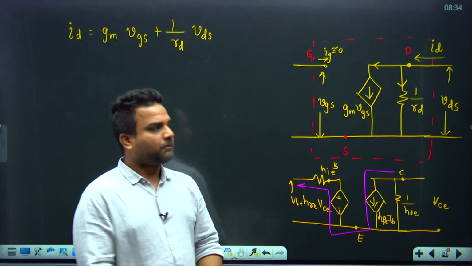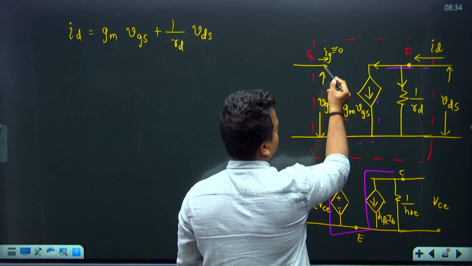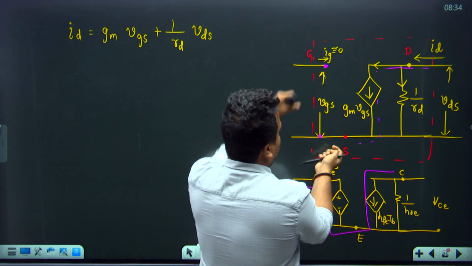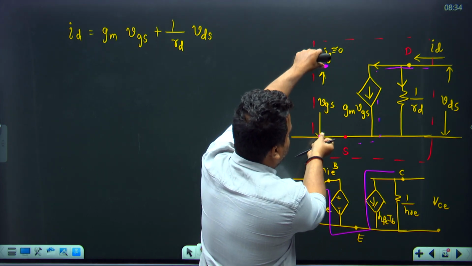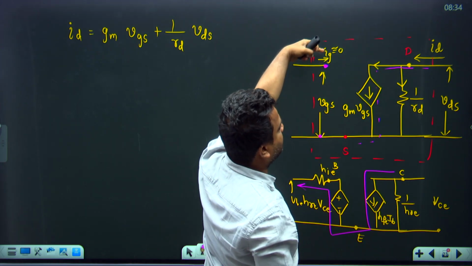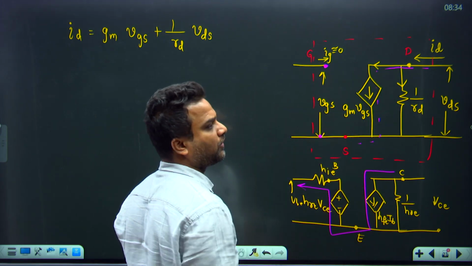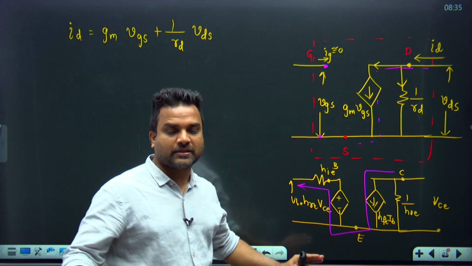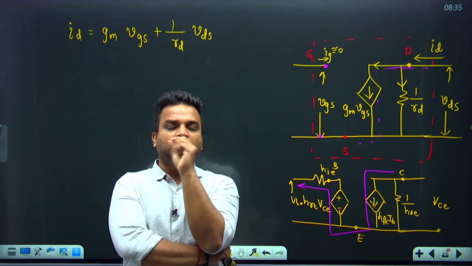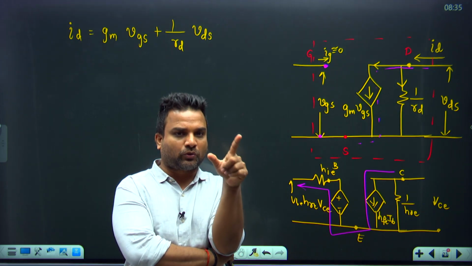No, because there is an open circuit from this to this. Of course, the voltage across these 2 points is VGS, but it is an open circuit since IG is 0. In FET, the gate current is almost 0. So it's a very important point: in the JFET small signal model, there is no feedback connection from output to input.